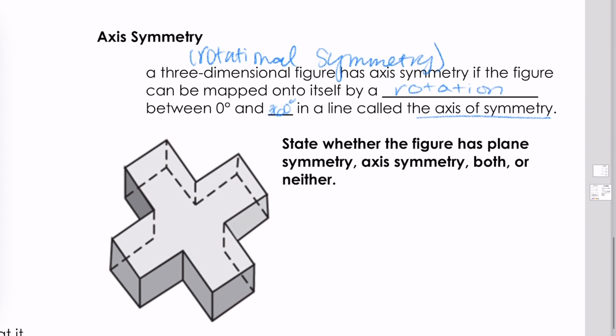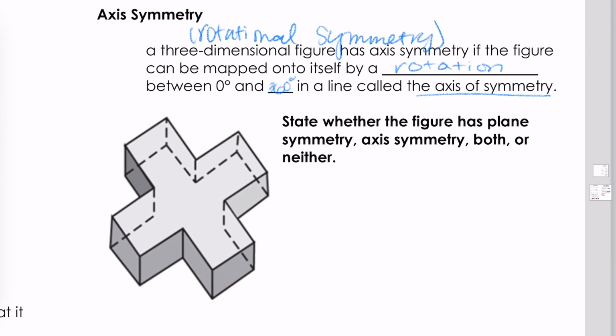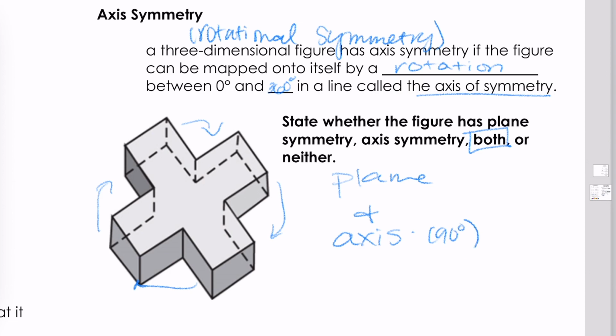So your job is now to tell me whether the figure that's shown here, this three-dimensional plus sign, has plane symmetry, axis symmetry, both, or neither. Now this one has both plane symmetry and axis symmetry. The reason is that I can rotate this for axis symmetry and still get that same shape.